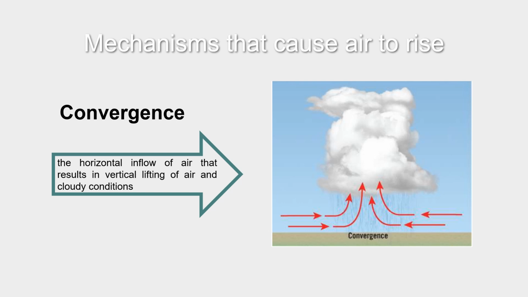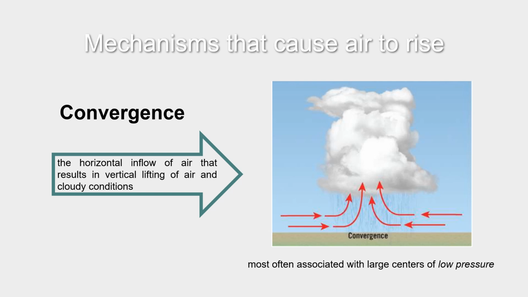So the inward flow of air at the surface of these systems is balanced by the rising air, or the cloud formation, as you can see in here as it rises. The air is lifting, and then there is cloud formation, and usually there's precipitation because of this convergence.